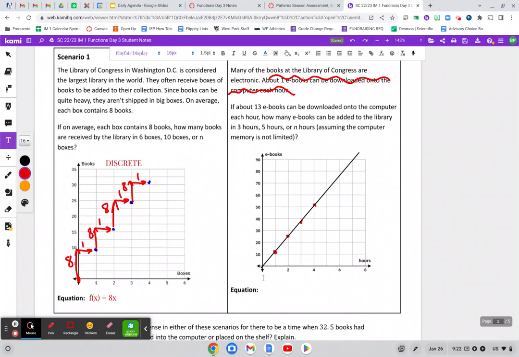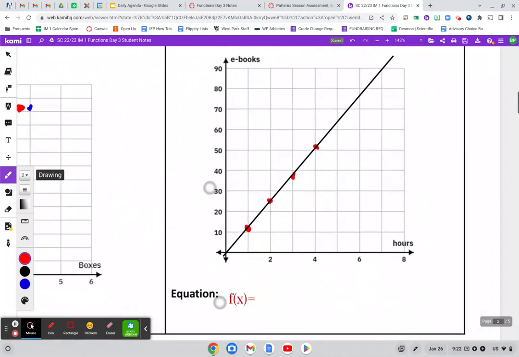So a little bit different. Now, when we consider the equation here, very similar. You can see the line went right through the y-intercept at 0. This one would be f of x, f as a function of x in function notation, is equal to, well, what's our rise over run? It's about 13 books per hour. You can go back and zoom in and take a look.